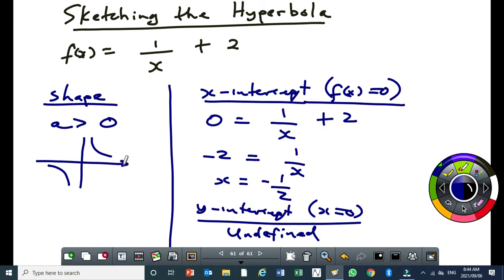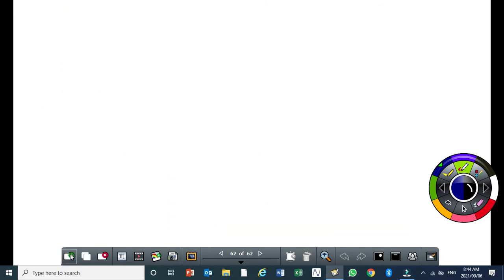Now move on to the next page. Equations of asymptotes.